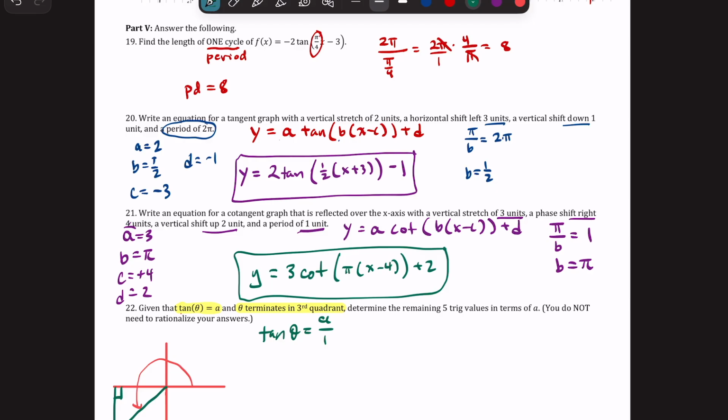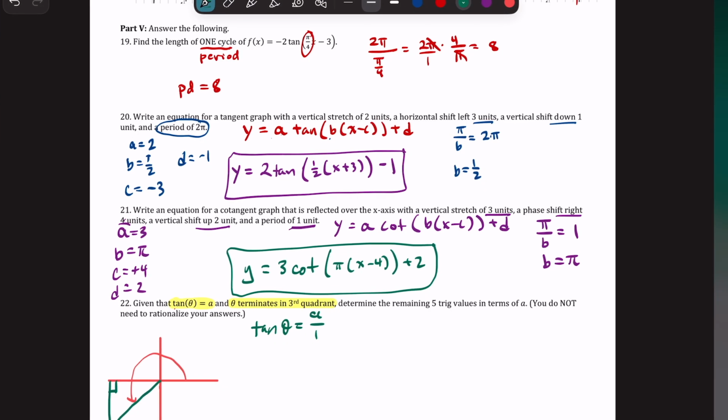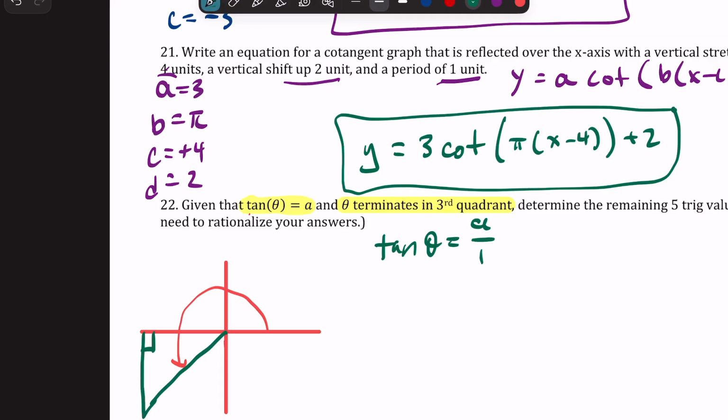Now, because it's in the third quadrant, I know that both the x and y distance, this is opposite over adjacent, and we generally look at this angle here, so the opposite would be A and the adjacent would be 1. But because they're both in the third quadrant, it's actually going to be a negative A and a negative 1. And then I can use Pythagorean theorem to find the hypotenuse.